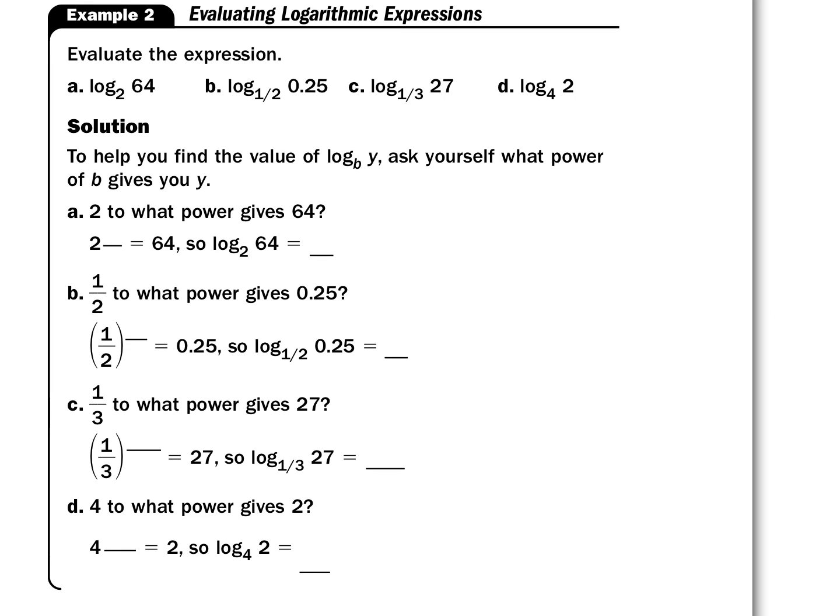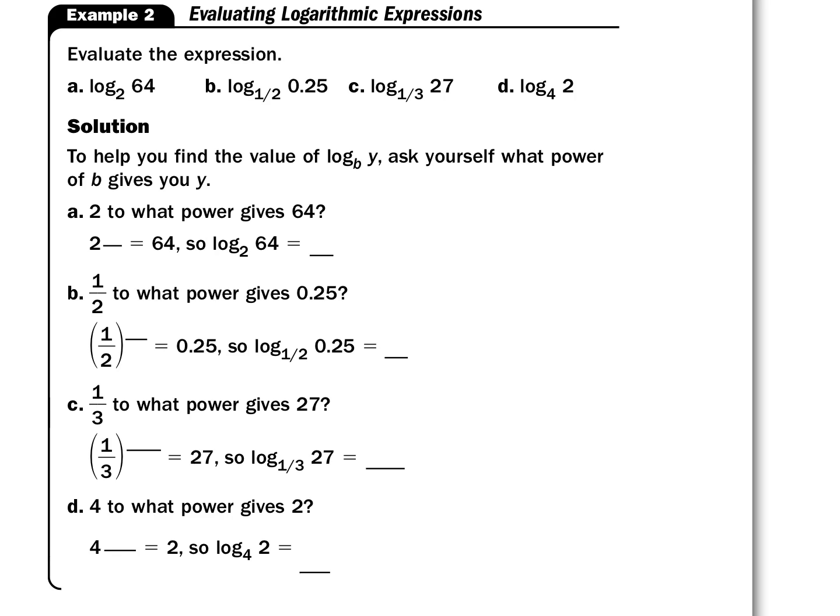All right, and so now example 2, we're going to evaluate each of the expressions. To help you find the value of log base b of y, ask yourself what power of b gives you y. So for a, it says 2 to what power gives 64? Well, 2 times 2 is 4, times 2 again is 8, times 2 again is 16, times 2 again is 32, times 2 again is 64.